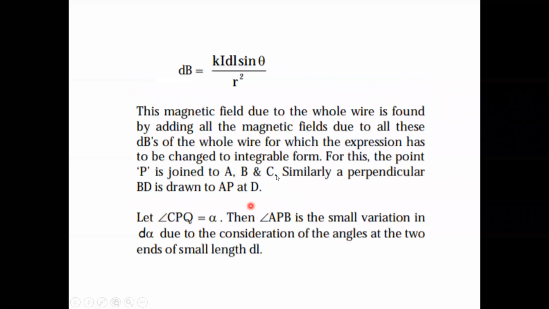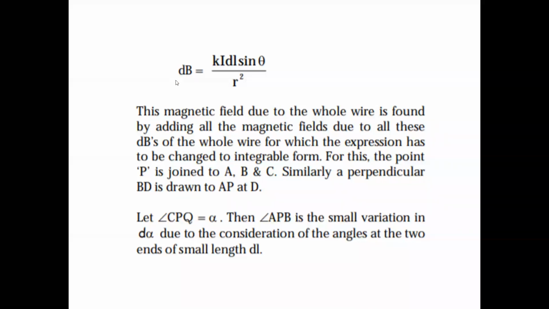Now, this magnetic field is due to the whole wire. The magnetic field due to the whole wire is found by adding all the magnetic fields due to all these dBs.